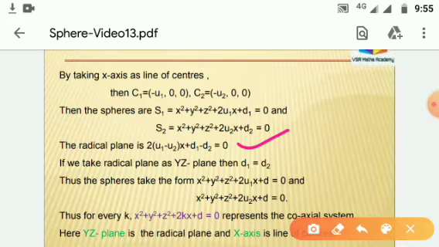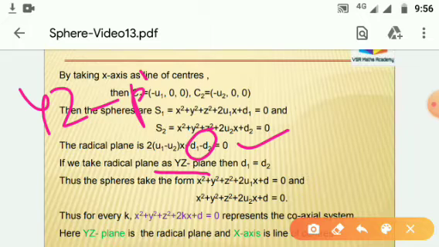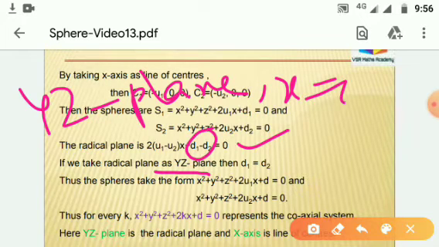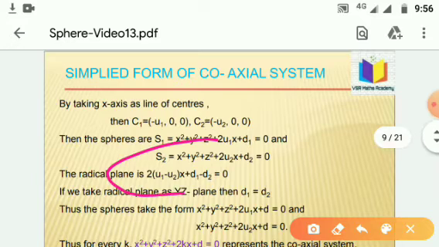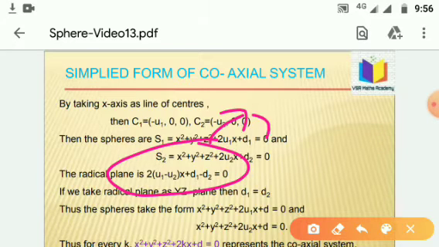So if we take the radical plane as yz, we assumed that yz is the radical plane, then we must have d1 is equal to d2, because the equation of the yz plane is x is equal to 0. This equation will become x is equal to 0 only if d1 minus d2 is equal to 0.